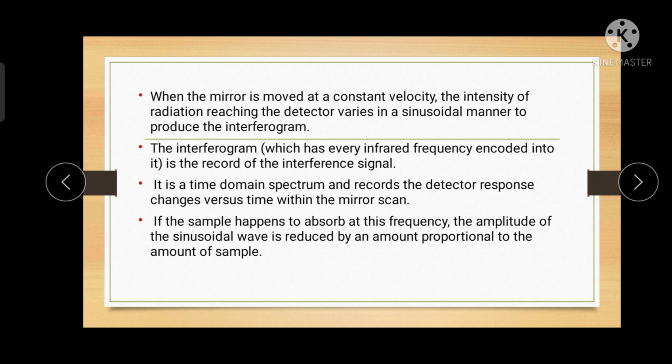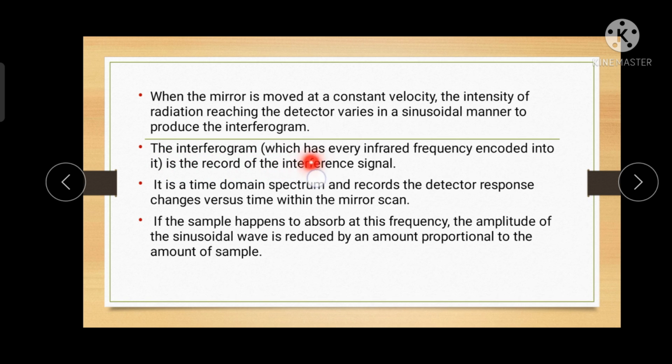Due to the motion of this mirror with a constant velocity, the intensity of radiation reaching the detector, that means the signal reaching the detector, varies in a sinusoidal manner. So we get the interferogram.